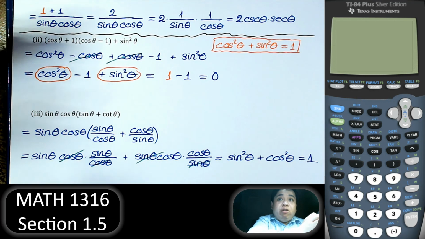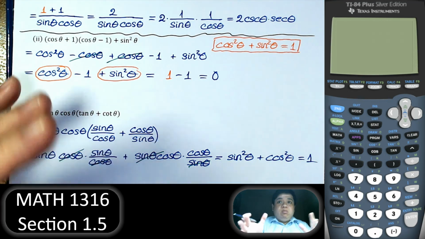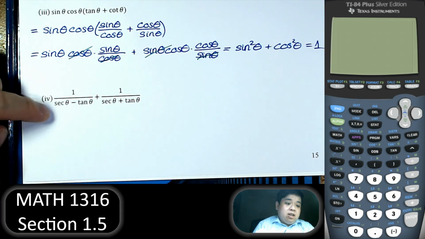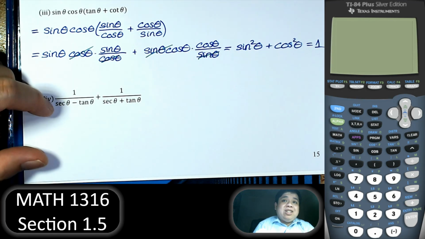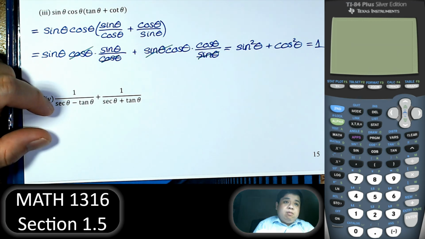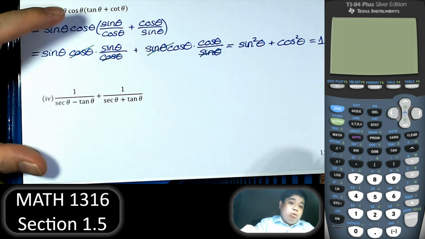It will be more obvious that when we see the Pythagorean identity, we know that sine square plus cosine square is 1. Even though for something like this, it will be more complicated if we go with sine cosine. But nevertheless, this one, change to sine cosine, is not the best way, but it still works. So we still do it that way.